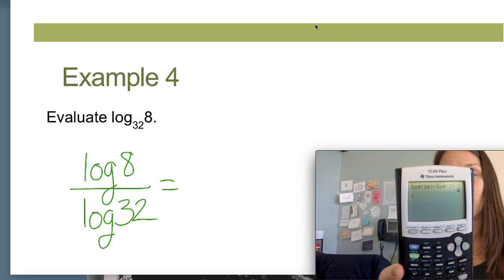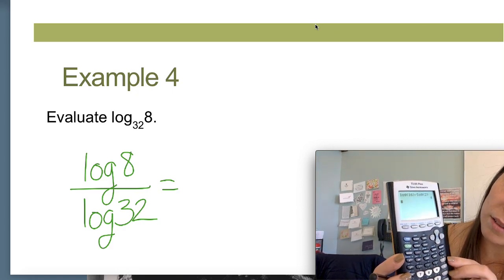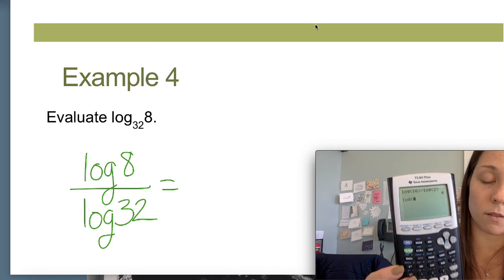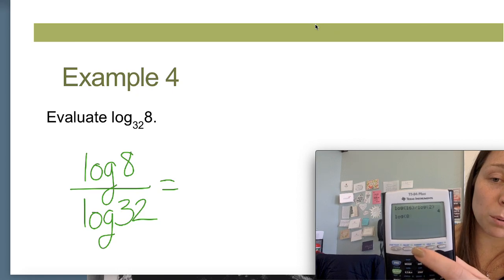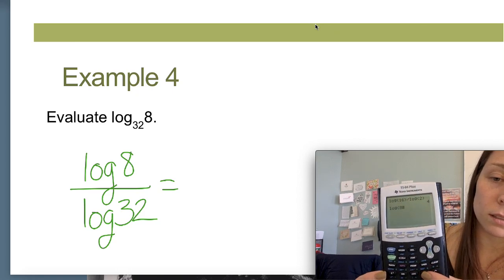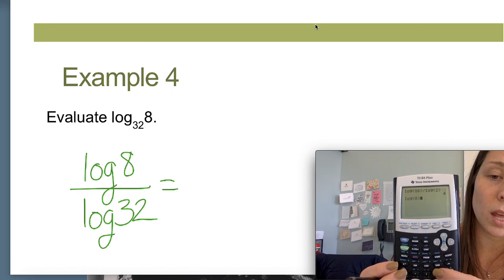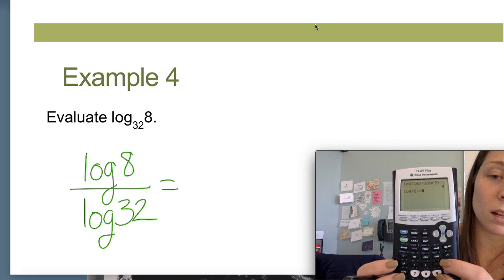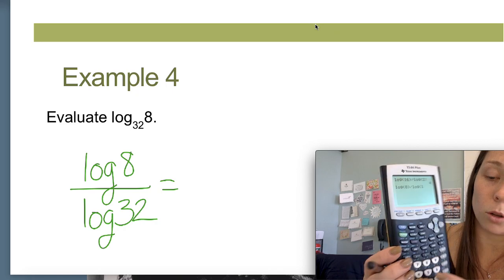Again, typing that in means I'm going to have, let's see here, log of 8. And then I got to close my parentheses. This is difficult. Let's see. There we go. Divided by log of 32. Nope, that's not it.